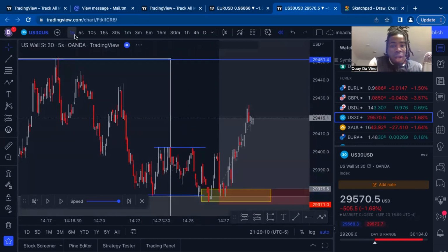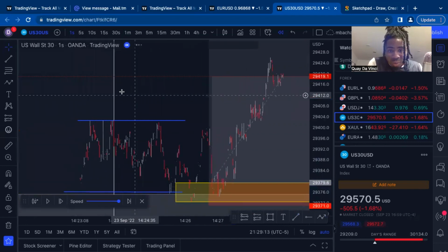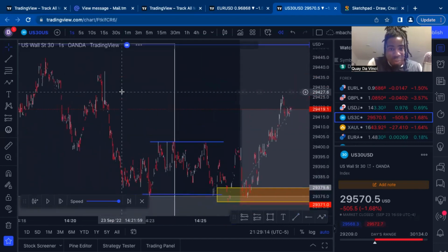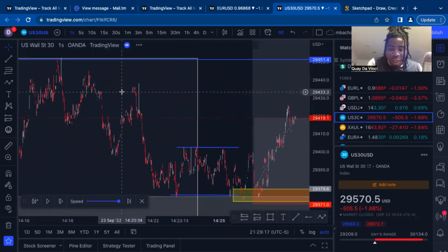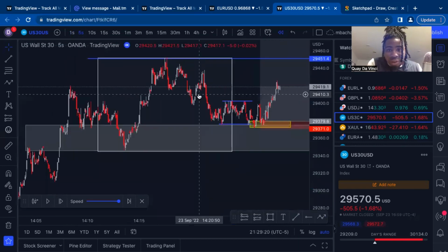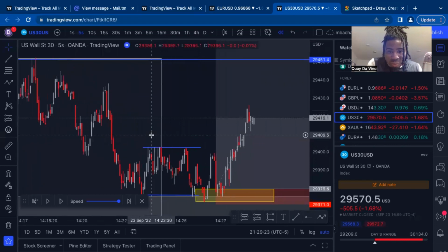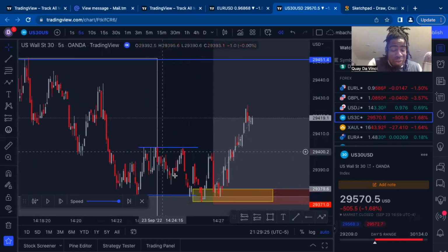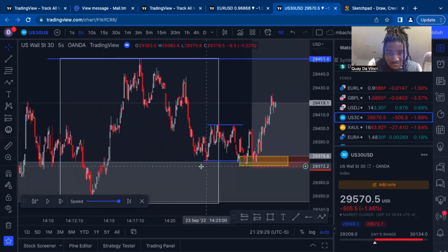So I didn't go down to the 1 second, so I don't know what the hell happened on here. But even on the 5 seconds, you could tell that just by understanding what I told y'all, this was liquidity being created. Liquidity got taken from sellers, well, people who had sell stops in and people who had stop losses in for buys.